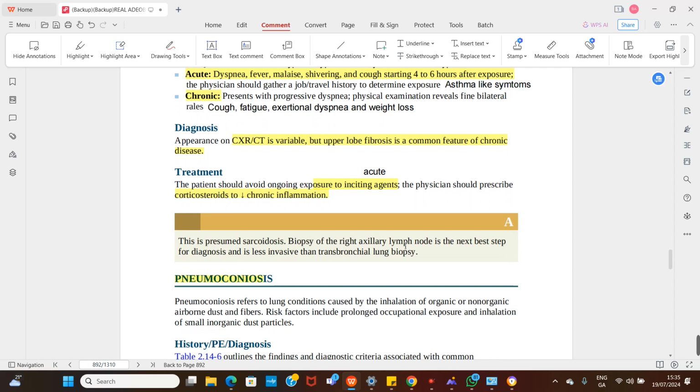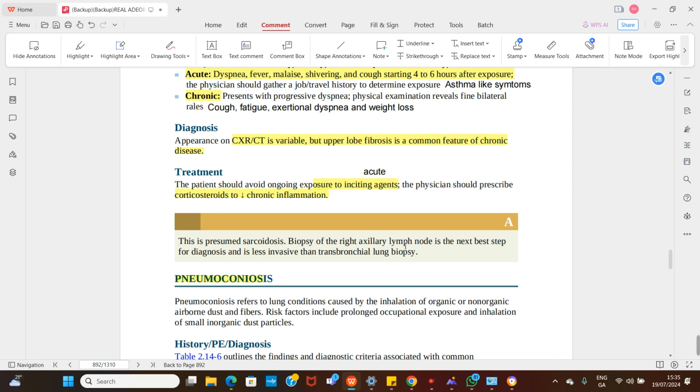On X-ray, the upper lobe fibrosis is a common feature of the chronic disease. Don't forget that. So, somebody with chronic hypersensitivity pneumonitis can now start presenting with features of pulmonary fibrosis. So they will start having stuff like dyspnea on exertion, cough that is not productive.